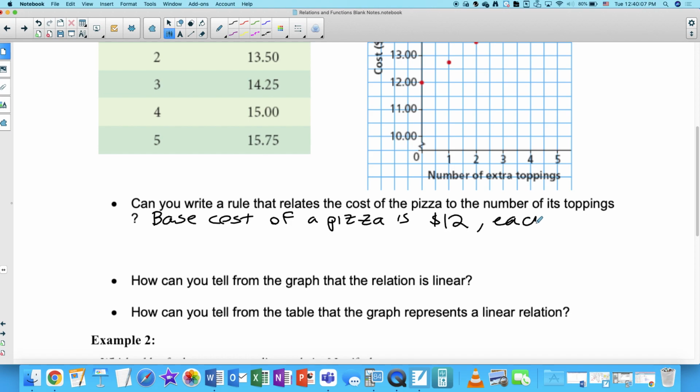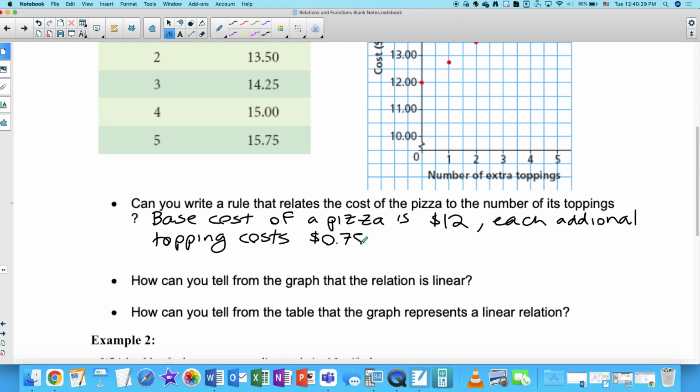Each additional topping costs 75 cents. Okay? Yes, so you have an equation already.